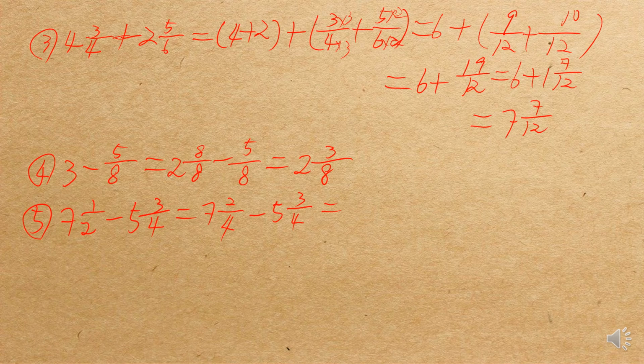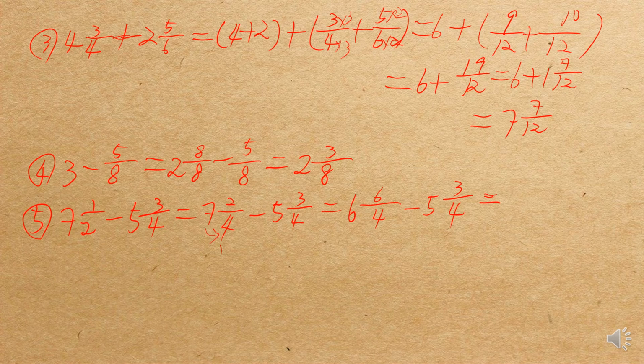So borrow 1 from 7 and write it as 6 and 6/4 minus 5 and 3/4.